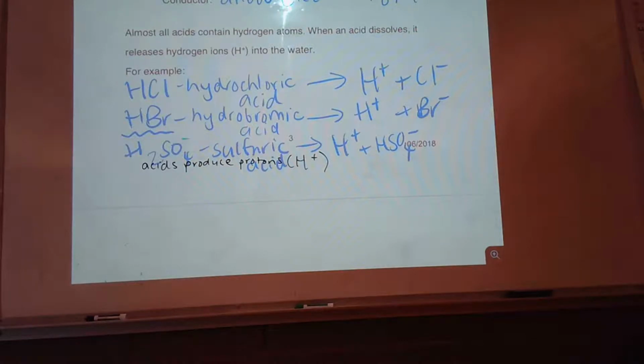It's a little bit different than the other acids we've been talking about so far. But it's still going to produce a proton, and then this negatively charged ion as well. So pretty much that's what makes an acid an acid. It's an acid if it produces H plus ions when it's dissolved in water.